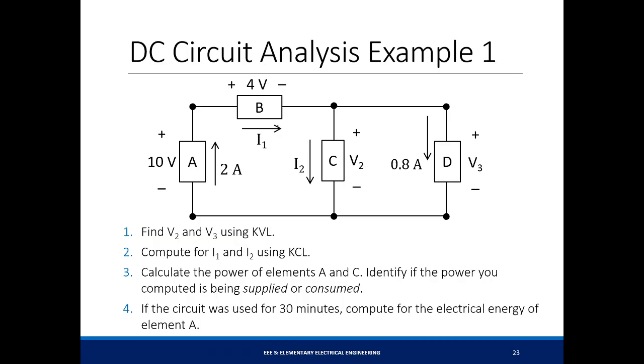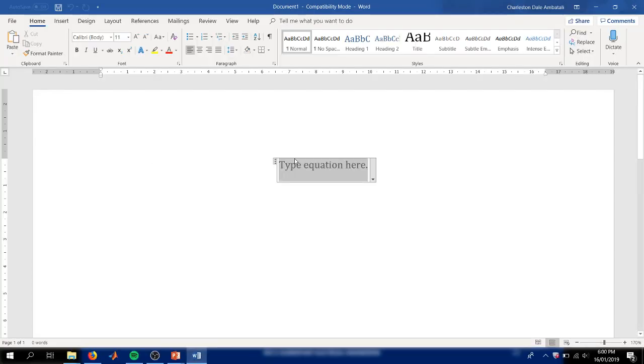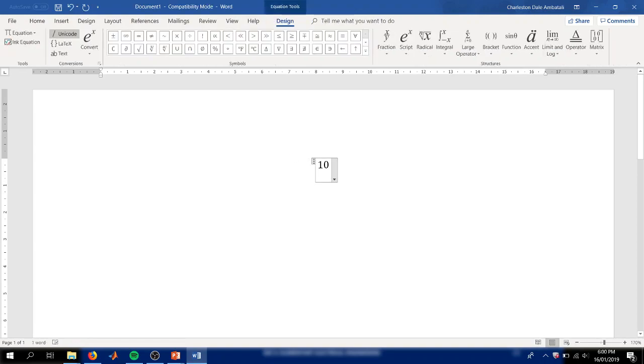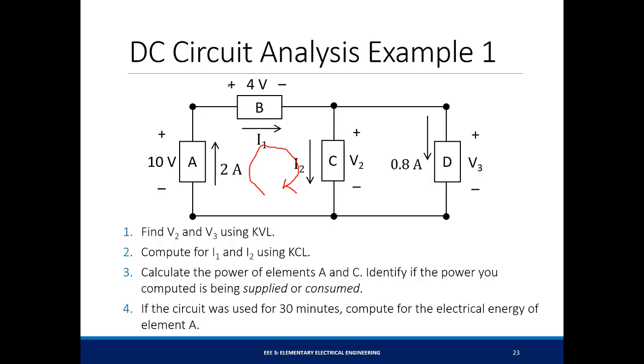Okay, so first, you need to find V2 using KVL. Let's use this inner loop right here. This inner loop will give us KVL. From negative to positive, that's positive 10 volts. From positive to negative, that's minus 4.